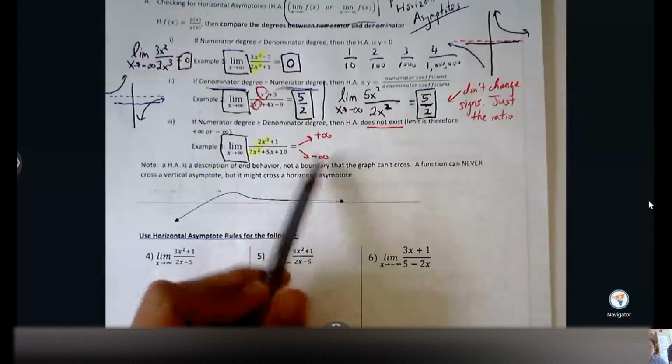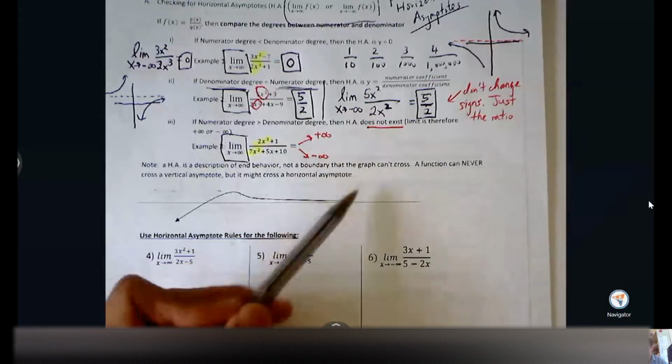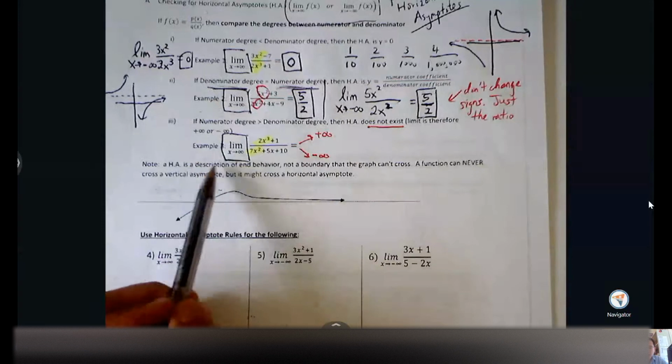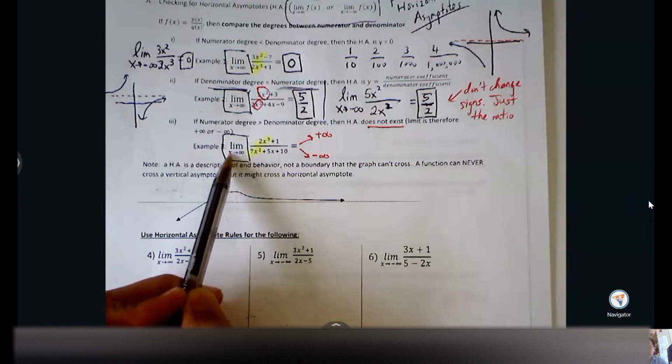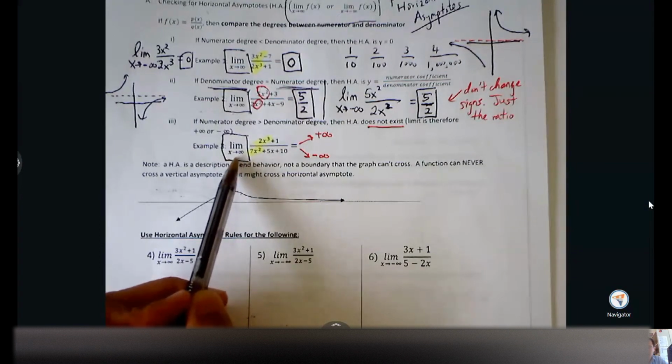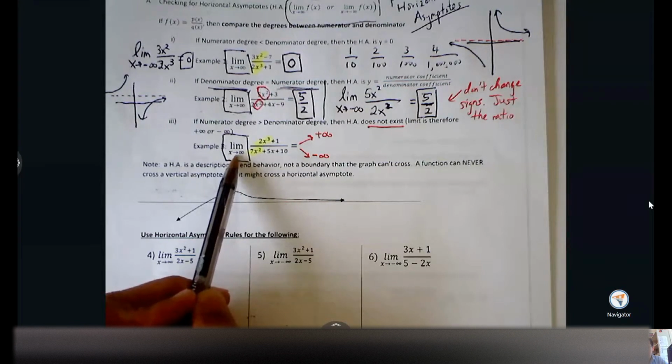Now, the way that we're going to decide between these two options without looking at the graph is I'm going to find a point. I'm going to find just an arbitrary number for me to test that is in the direction of infinity, and I'm going to choose a rather large number that is outside the view of my coordinate plane.